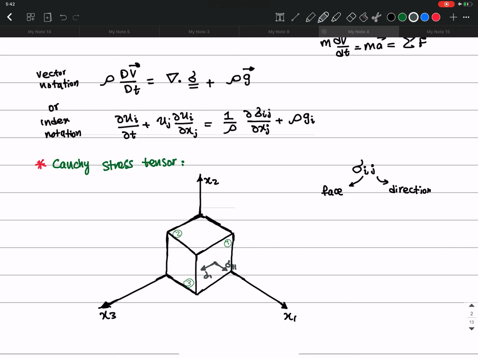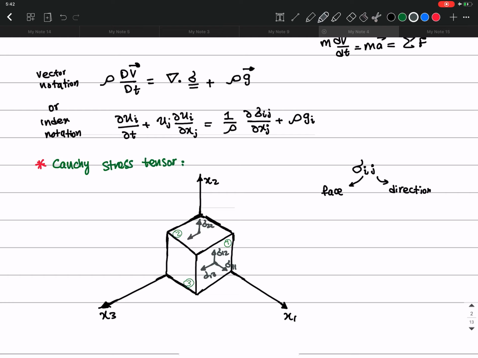So based on this, we can just write all the stress vectors, and this will give us a stress tensor. So let's see what we have. This is going to be sigma 1 3, and then this one is going to be sigma 1 2. Similarly here, this is going to give me sigma 2 2.